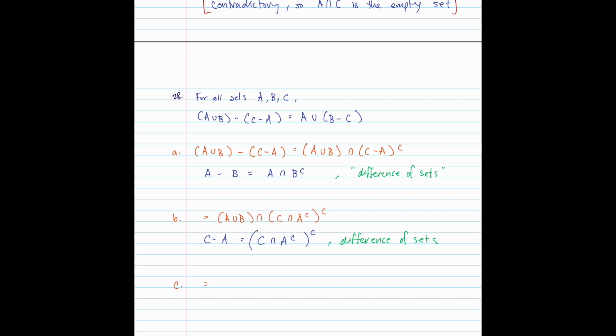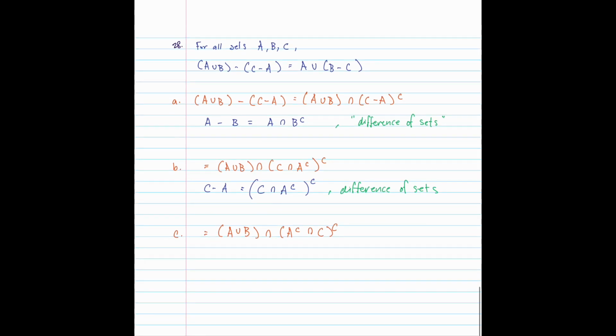Then they said the right hand side was A union B intersection with A complement union, intersection C, that's all in a complement as well. And then they're just changing the order. This is just the commutative law.